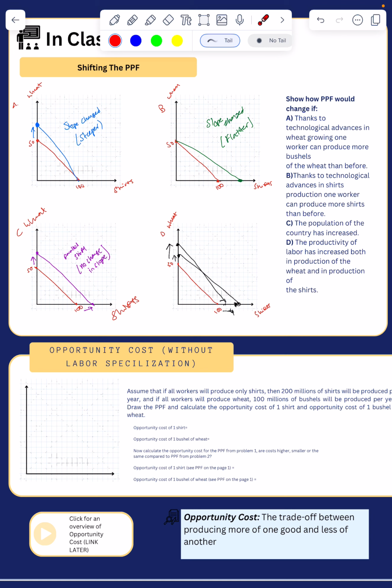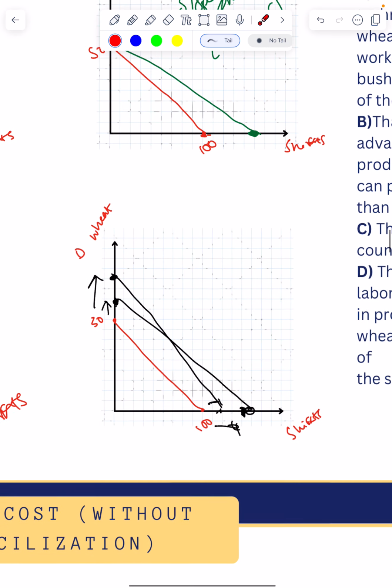The main thing about these, though, is that there are three changes. The first one is the same increase for both, which means parallel.